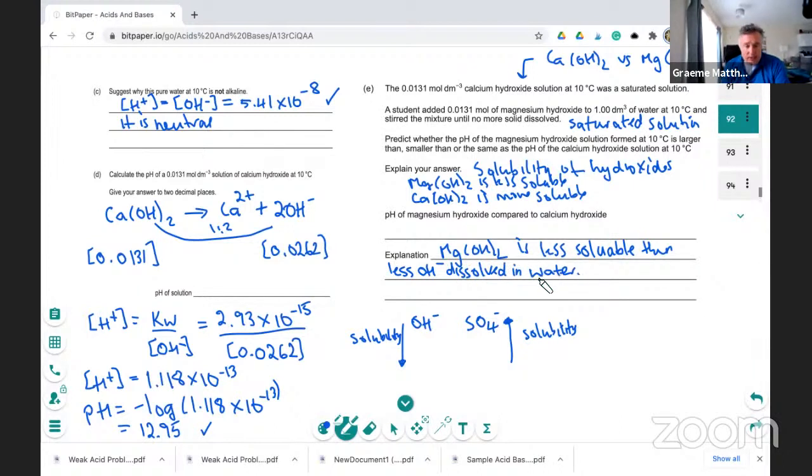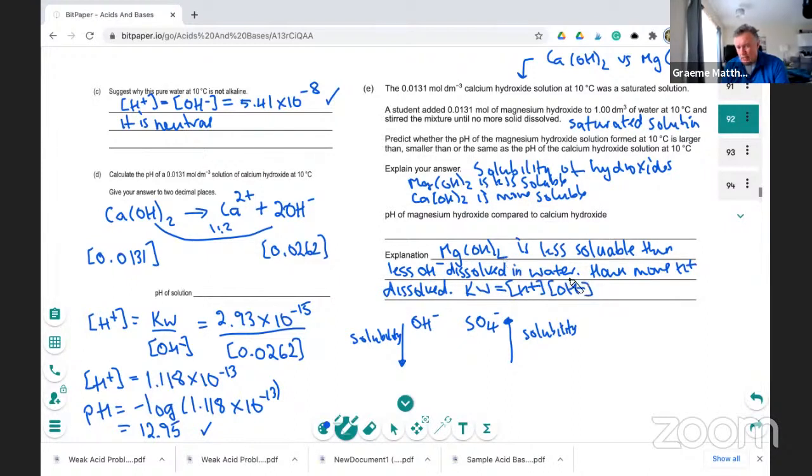And if you had less hydroxide ions dissolved in the water, then therefore you would have more hydrogen ions dissolved in the water, because Kw is H plus times OH minus.